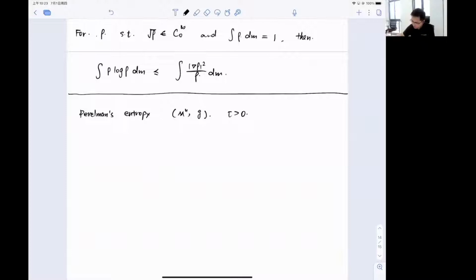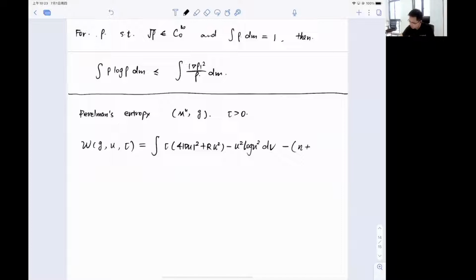It is defined as a W entropy, which depends on the metric g, some function u, and the scaling factor tau, as the following integral: tau times gradient u squared plus scalar curvature u squared minus u squared log u squared dV, where V is the volume form with respect to the metric g, minus some normalization constant, n plus n over 2 times log 4 pi tau.